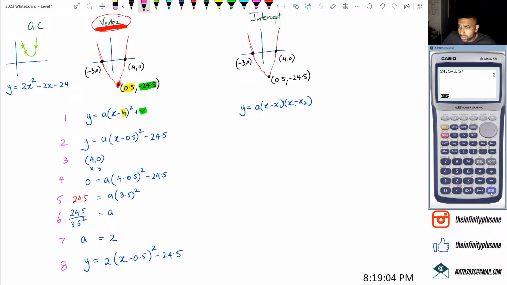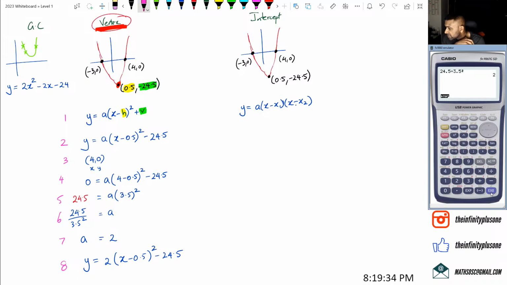Now, Jaden, you don't need to solve for b in vertex form. In vertex form, all you have is just a, h, and v. And again, guys, if you're confused, that's okay, because we'll do a couple of practice questions of these types, and it'll start making sense. But give me a yell out.